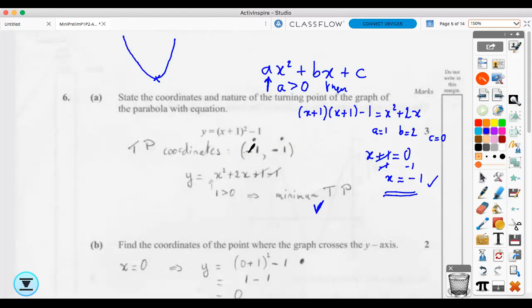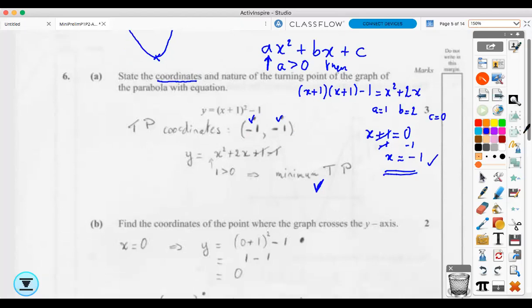So turning point is -1 and -1. So I've got my minimum turning point, -1, -1. And because we've been asked to state the coordinates, you need to write them with the brackets.